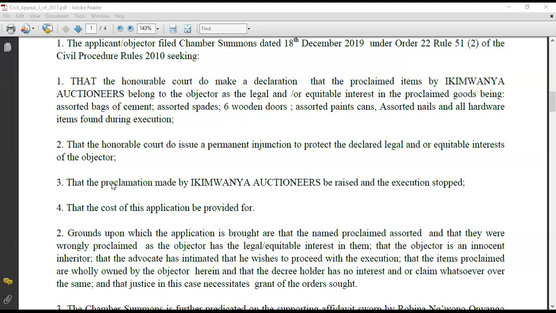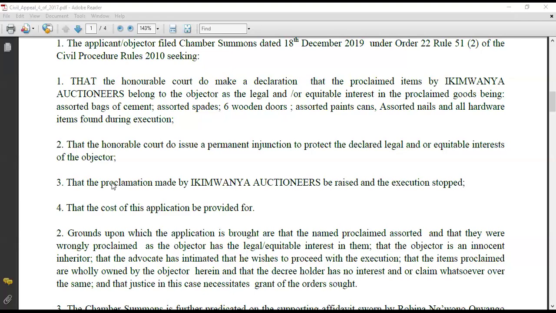Application for a charging order under Section 52 of the Advocates Act, chamber summons. Application for enforcement of an undertaking, that is Order 52 Rule 7, chamber summons. Application to object to a taxing master's decision, reference, chamber summons. That is Rule 11 of the Advocates Remuneration Order.